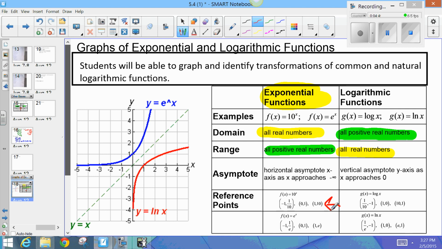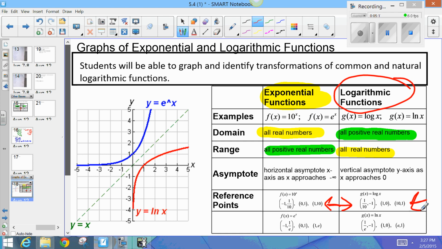If that's the case, remember, for an inverse function you just flip x's and y's. So the x-coordinate becomes the y-coordinate and the y becomes the x. Whenever you're trying to do logarithmic, think about some points on the exponential graph, and flip them backwards to get points for the logarithmic graph.